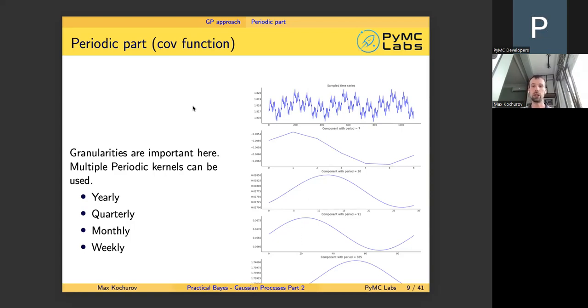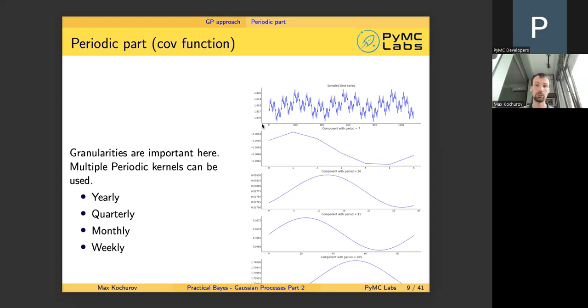Then you go down and look at quarterly periods. Maybe there is a business cycle in the company. So at the end of the quarter, something magic happens, and KPIs or other metrics change exactly at the end of the quarter, maybe in the middle of it. You can't refer to a monthly effect or yearly effect. It repeats 4 times a year, and that's it.